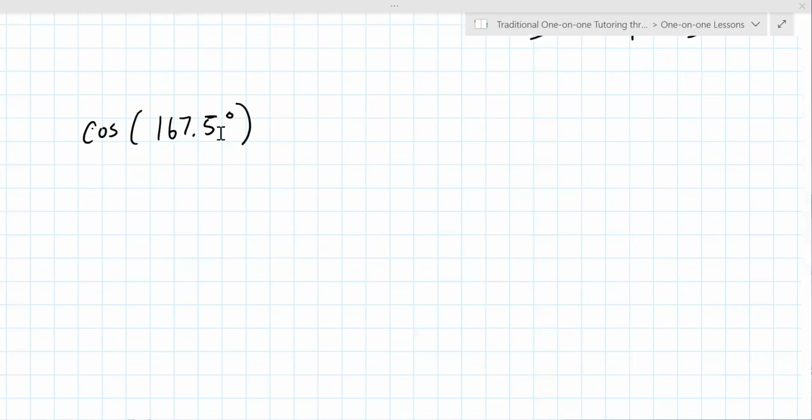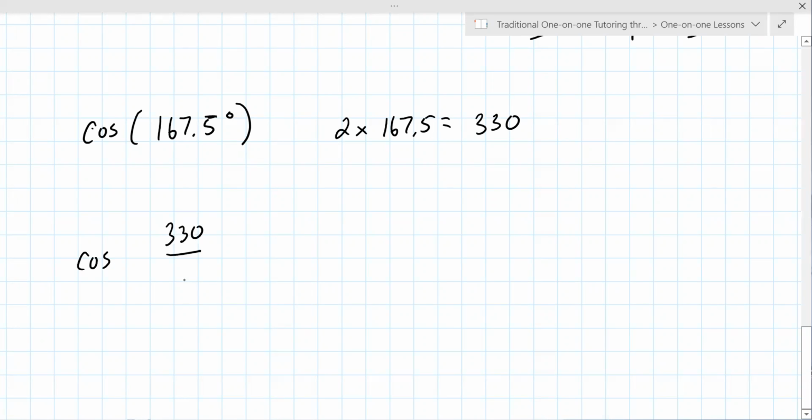But is double it on the unit circle? Is 2 times 167.5 on the unit circle? Yes, it is. And so that tells you, oh, this is probably a double angle formula, because this is really cosine of 330 divided by 2.